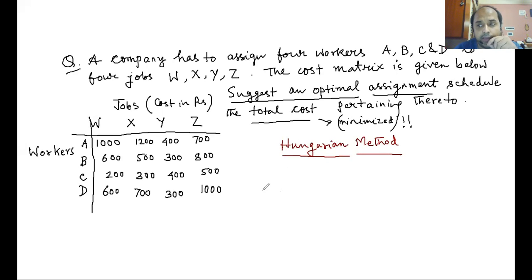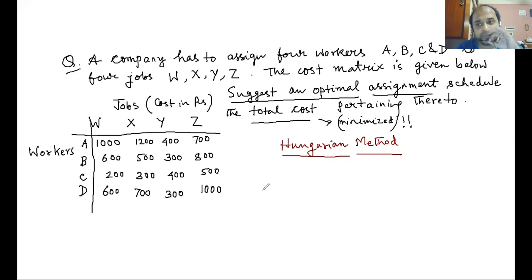But now I am going to talk about Hungarian method in details, stepwise. The way I'm going to perform calculations on the given problem is more generalized than my previous attempt.